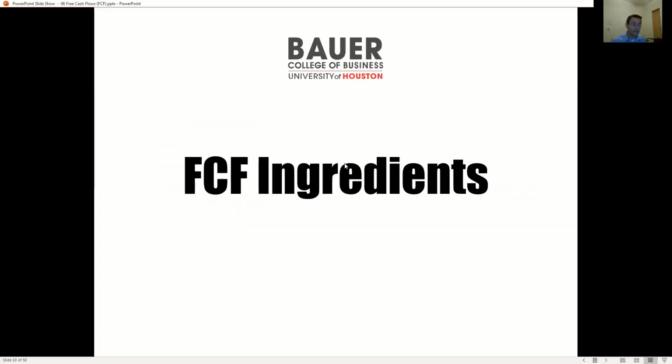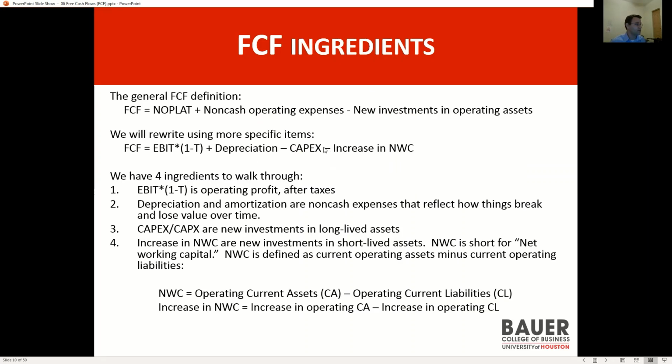So that brings us to the ingredients for free cash flows. We talked about this top equation. This is the general equation to find free cash flows. You start with this thing called NOPLAT, net operating profit less adjusted taxes. Then you add non-cash operating expenses, and you subtract off new investments. Okay, we're going to be a little bit more concrete. So this top equation is just generally true. This isn't very specific.